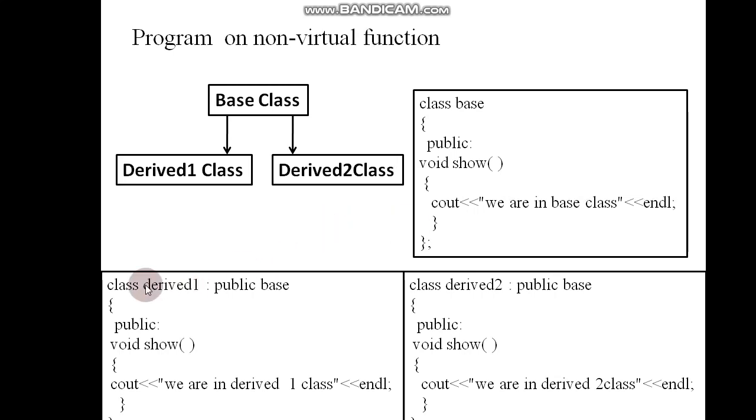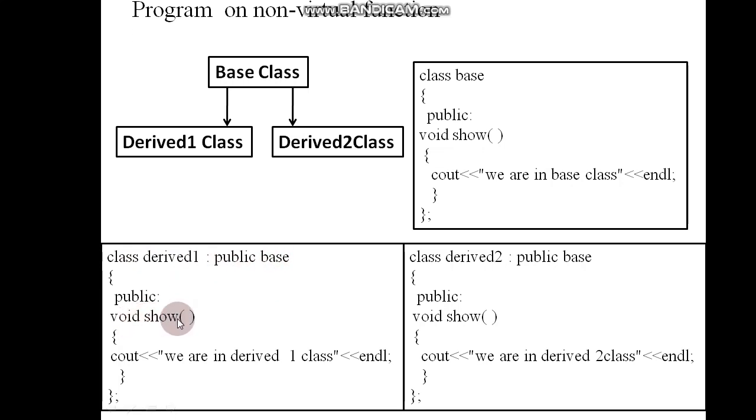The first class is derived 1, in which we are inheriting the properties of the base class publicly. Here we are overriding the show function, which is defined in the base class. We are redefining the show function, changing its implementation, and displaying that we are in derived 1 class.